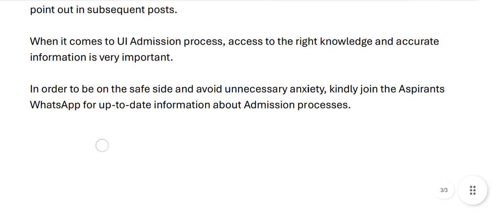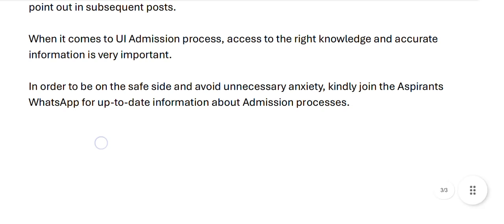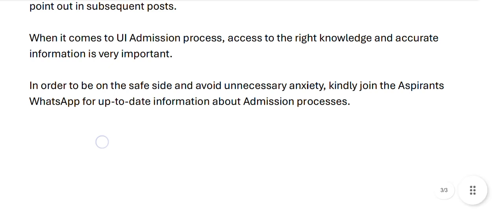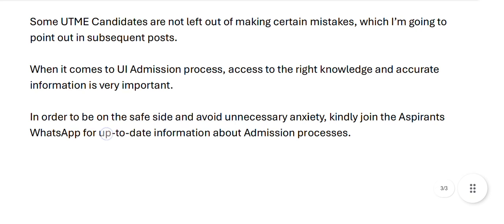So in order to be on the safe side and avoid unnecessary anxiety or asking unnecessary questions, giving headache to consultants, asking the wrong questions at the right time or the right question at the wrong time, make sure you join a relevant WhatsApp group for aspirants so that you get up to date information about what the admission process is. I think we are done.